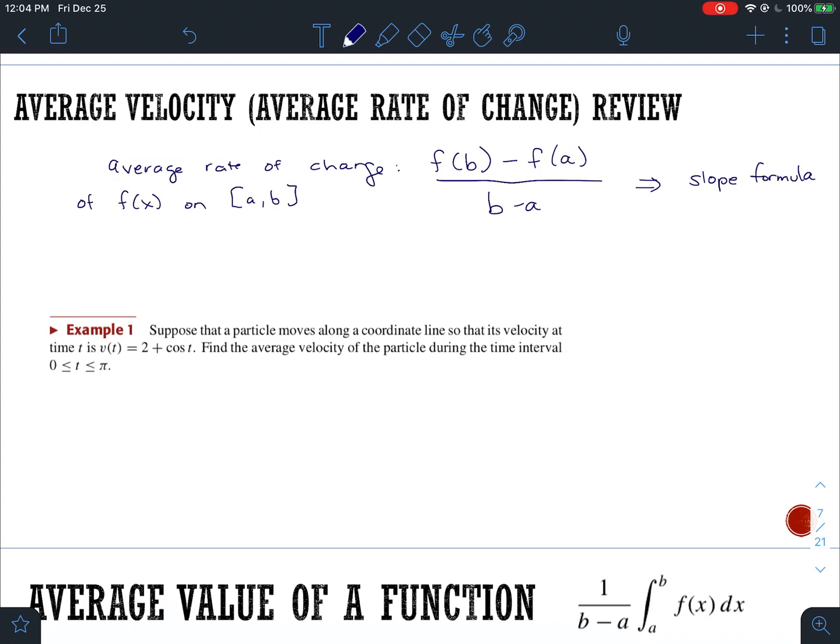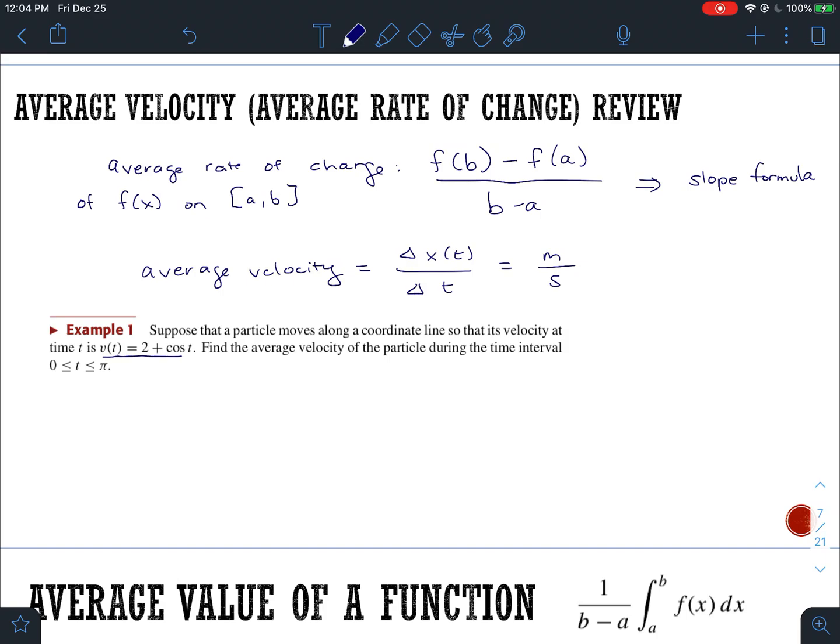So suppose that a particle moves along a coordinate line so that its velocity is given by 2 plus cosine t. Find the average velocity of the particle during that time. Well, for average velocity, you want the units for velocity, so you want meters per second, or you want the change in displacement over the change in time, because that would give us the meters per second for our units.